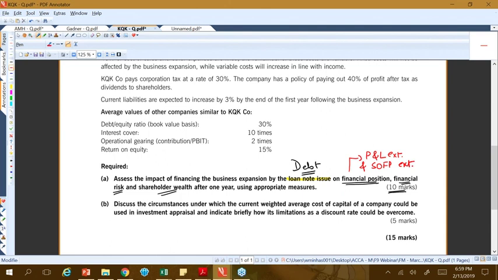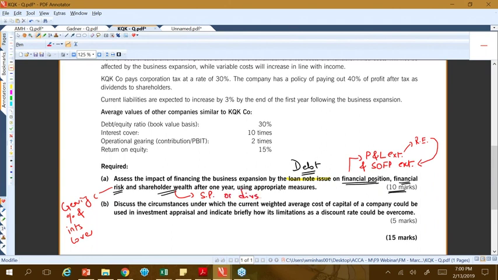Financial position is basically the SOFP extract, but to get that, we need the P&L extract, because it has the retained earnings, which then go into the SOFP extract. The financial risk part is where the examining team is asking for gearing percentage and interest cover. And shareholders' wealth will be something to do with the share price or dividends.